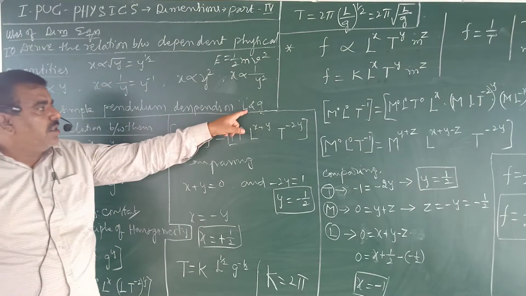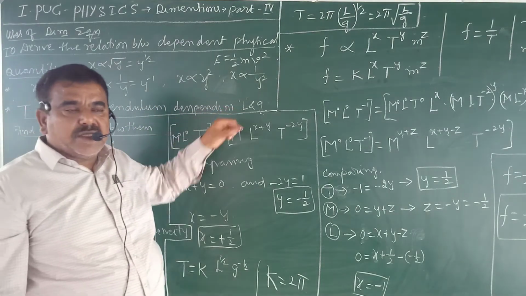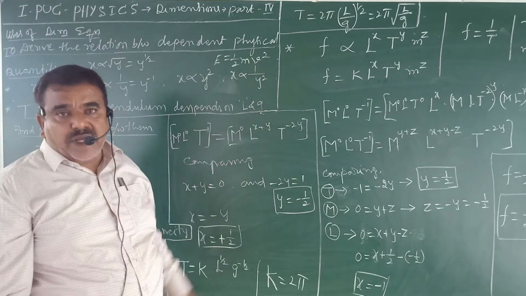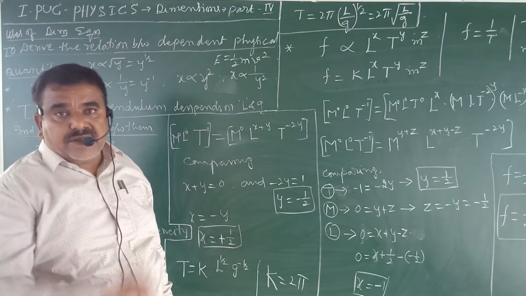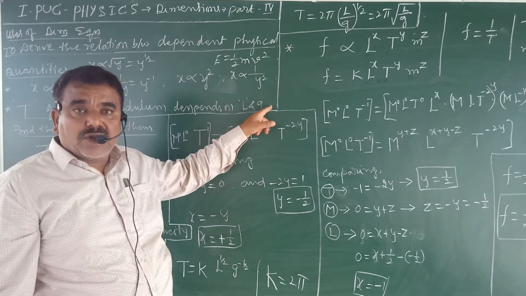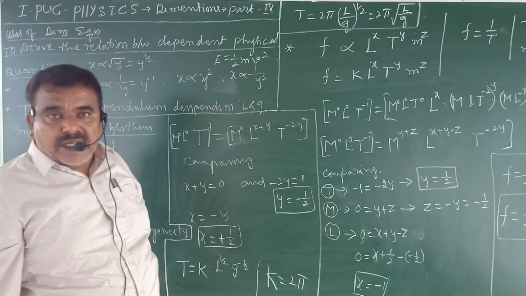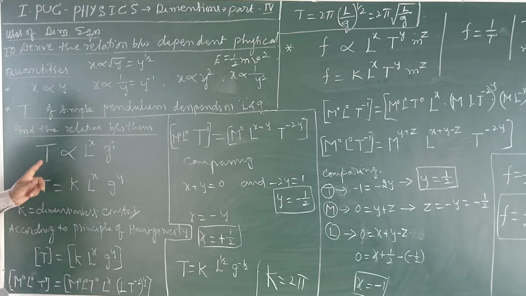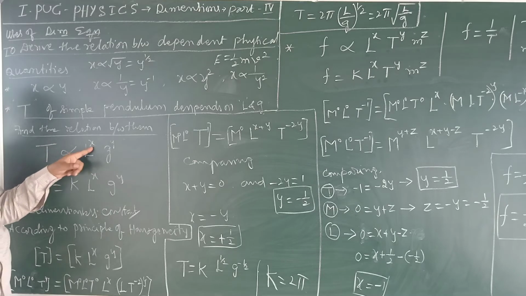That depends on what factors? It depends on the length of the pendulum. It depends on the acceleration due to gravity at that place. So I can express that relation. This time period of oscillation depends on length and acceleration due to gravity, but I don't know whether it is directly proportional or inversely proportional.